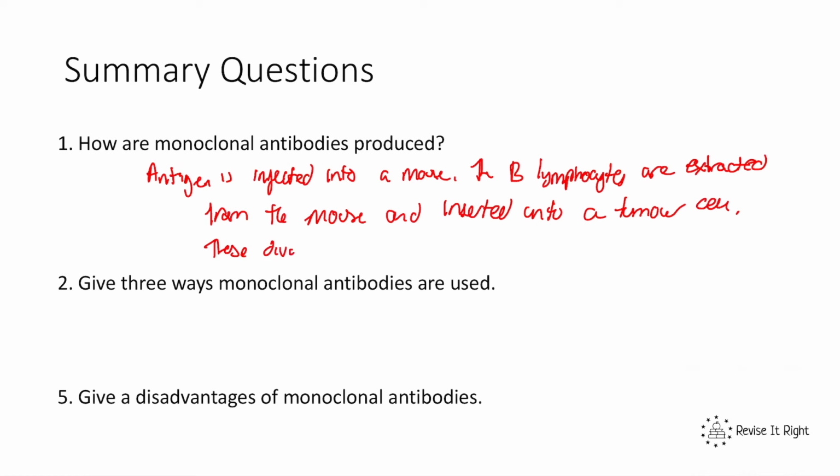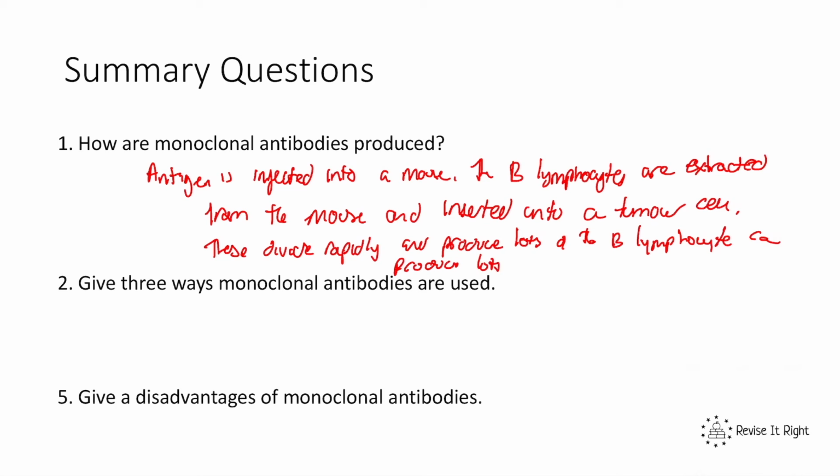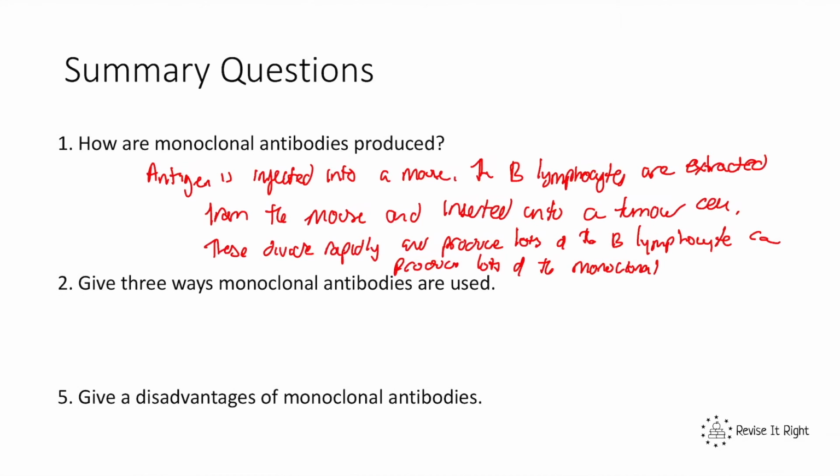These divide rapidly and therefore produce lots of the B lymphocyte, which in turn can produce lots of the monoclonal antibodies for the antigen. Okay, so that's how they are produced.